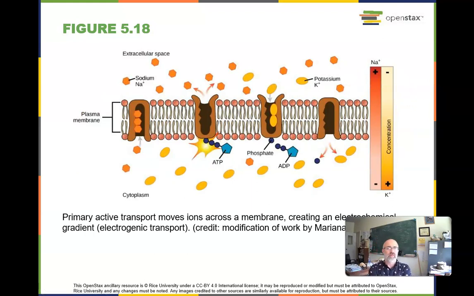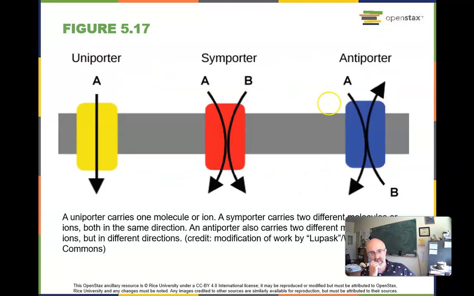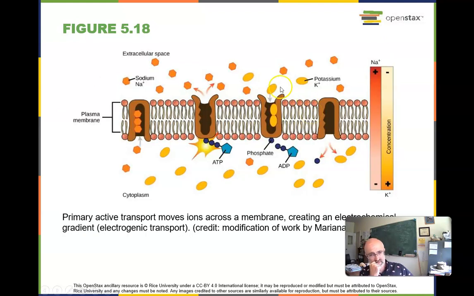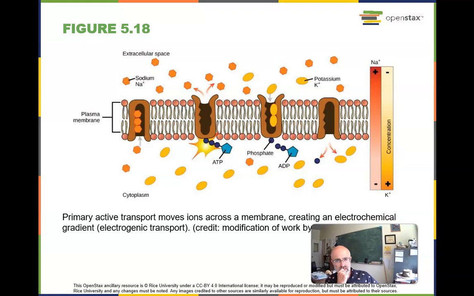Okay, we'll look at this. Active or passive transport? Well, we see it's active because we see this ATP. That's the energy being used. And what are we moving here? We're moving potassium in, and we're moving sodium out.